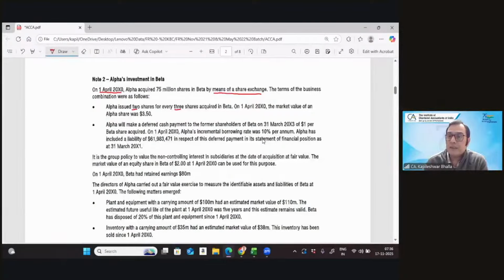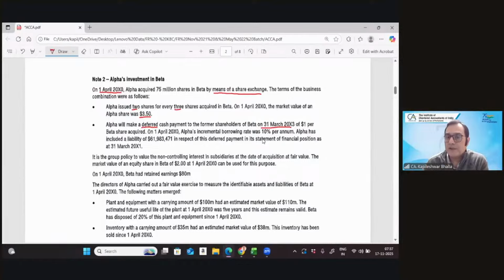Then it says on 1st April X0, the market value of the share of Alpha is 3.5. So naturally, when you calculate a purchase consideration, we consider the fair value of the shares issued. I'm just thinking aloud. Then it says Alpha will make a deferred cash payment to the former shareholders of Beta on 31st March X3.